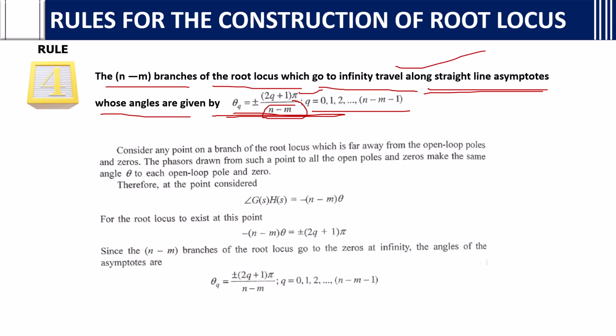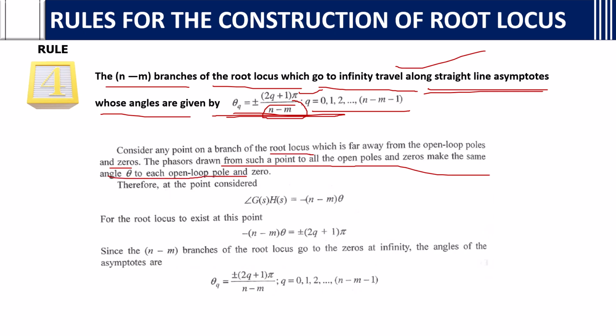This is the equation. Consider any point on a branch of the root locus which is very far away from the open loop poles and zeros which are present. The phasors drawn from such a point to all the poles and zeros make the same angle theta.